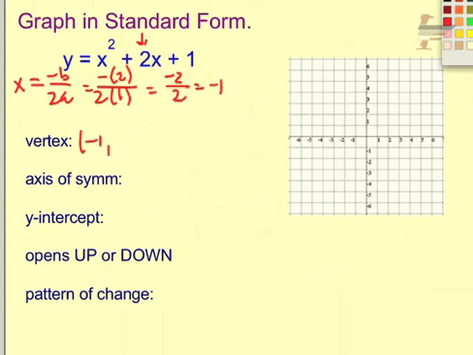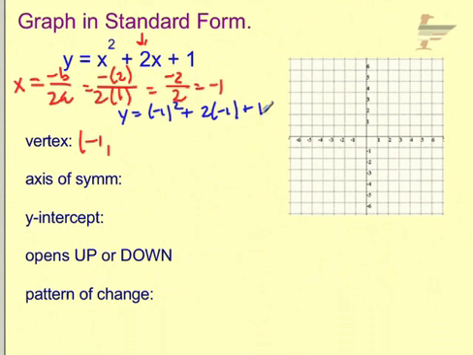And we pick a new color. To get the y value, we're just going to plug in that negative 1 for x and see what we get. So y equals negative 1 squared plus 2 times negative 1 plus 1.